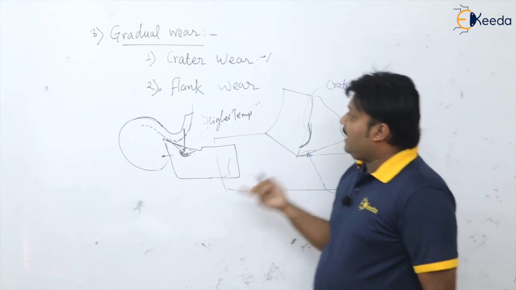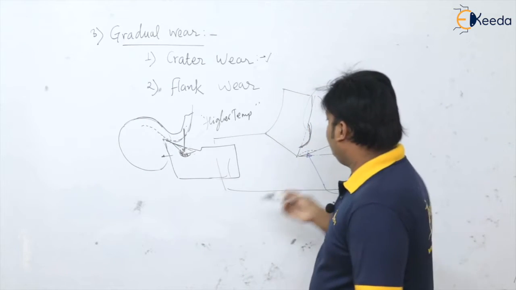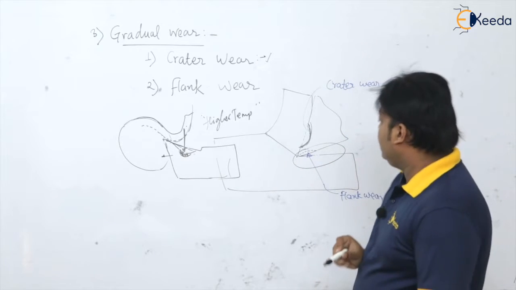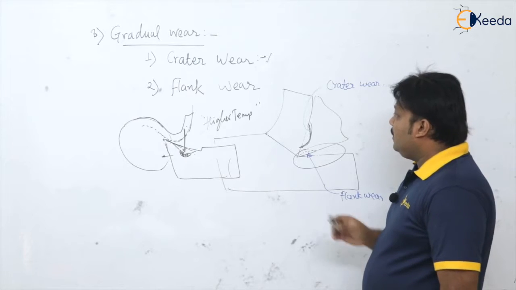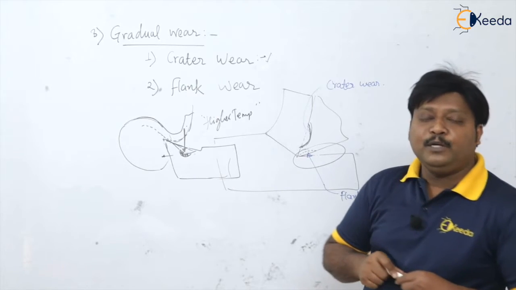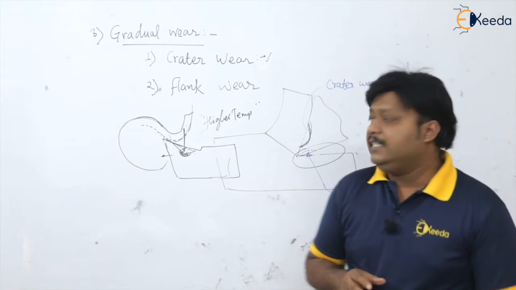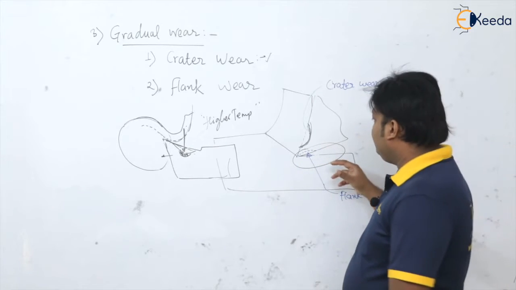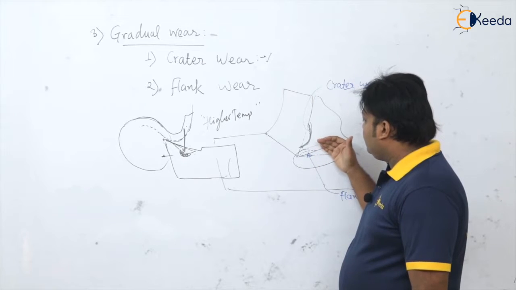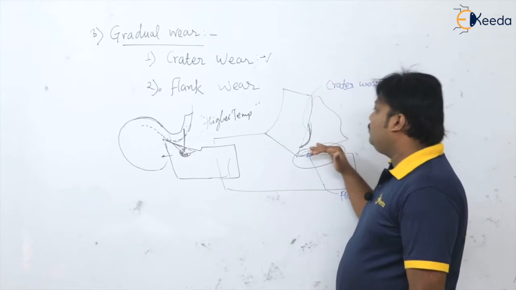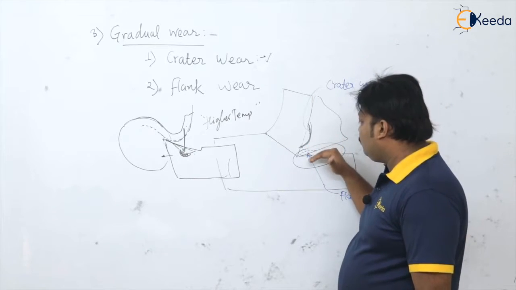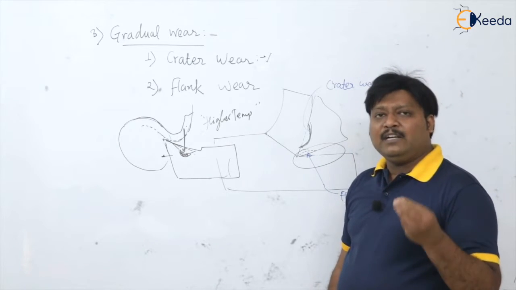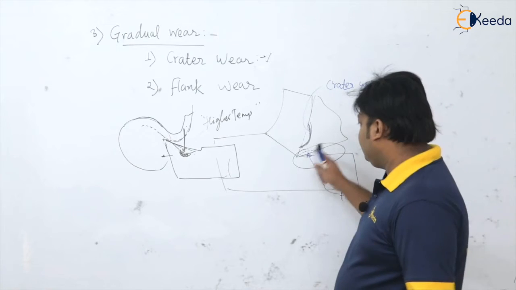Now if you look at the flank wear, again, of course, there is wear and tear between the tool and the workpiece. The predominant phenomenon here is the adhesion of the workpiece material onto the tool, or tool material onto the workpiece. Adhesion is what? Adhering or welding of the microchips or fine chips at very high temperatures.